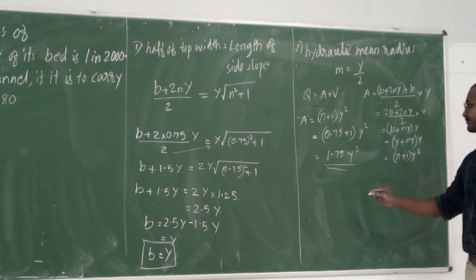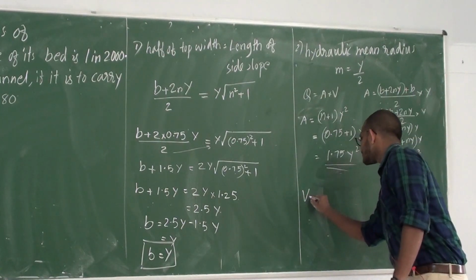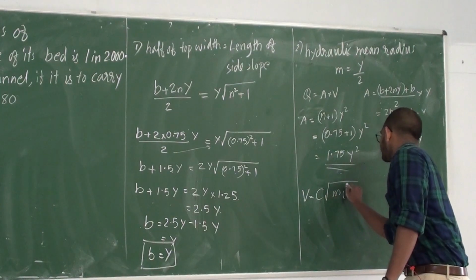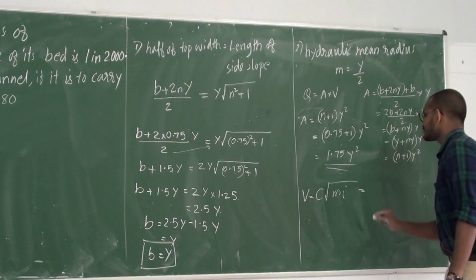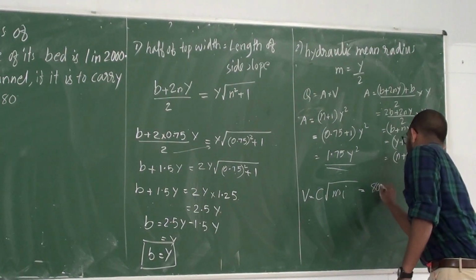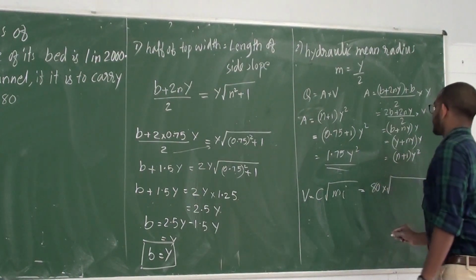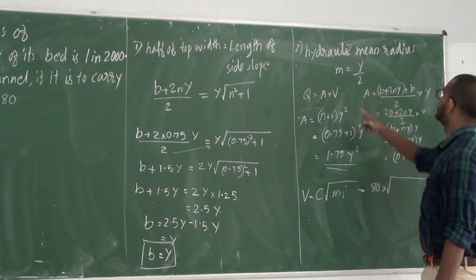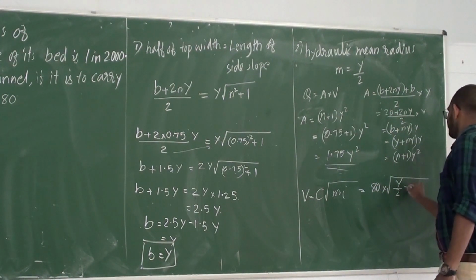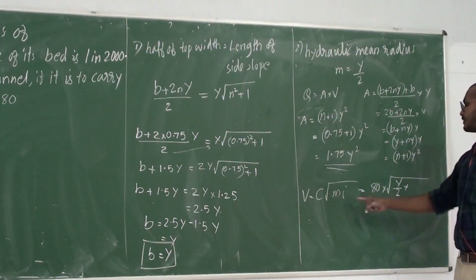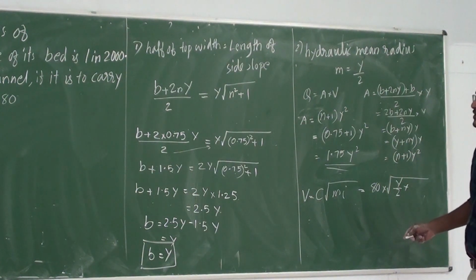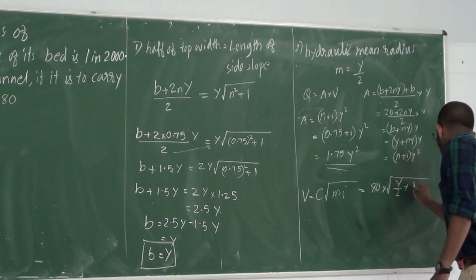Now velocity v using Chezy's equation, v is equal to C into root mi. This is equal to Chezy's constant C as 80 into square root of mi. m is nothing but y by 2 into i, the slope of the channel bed, that is 1 in 2000.